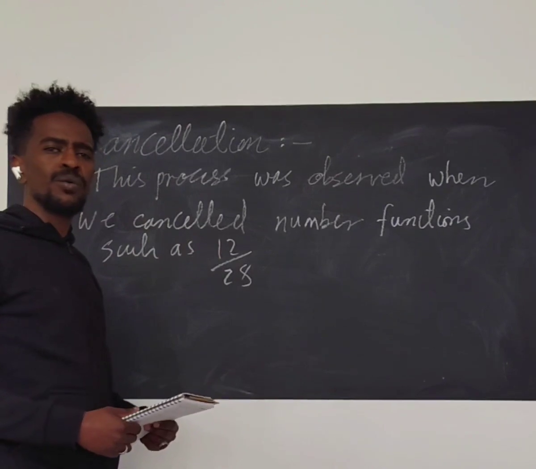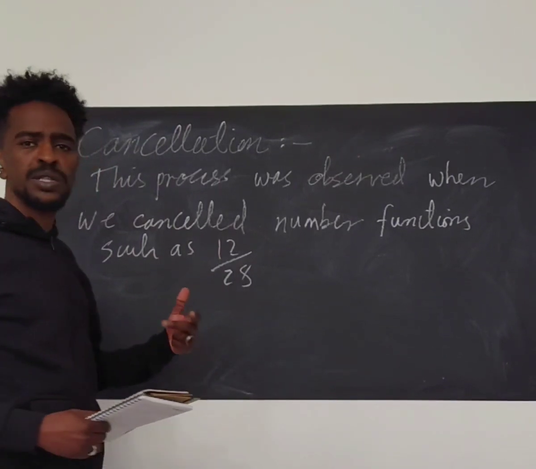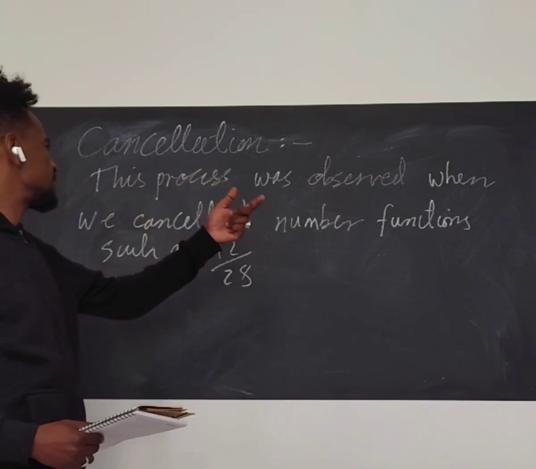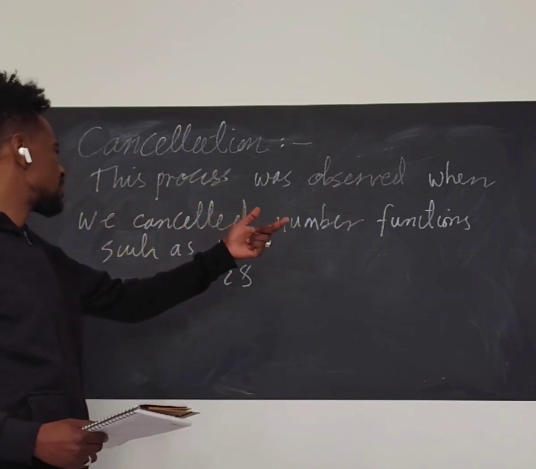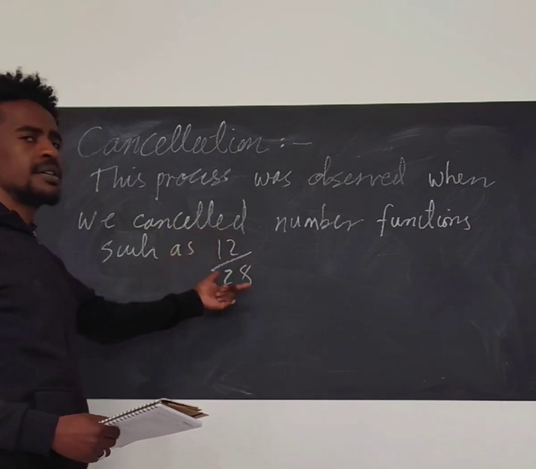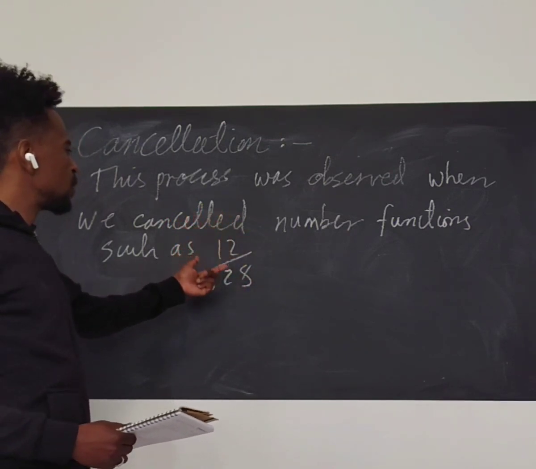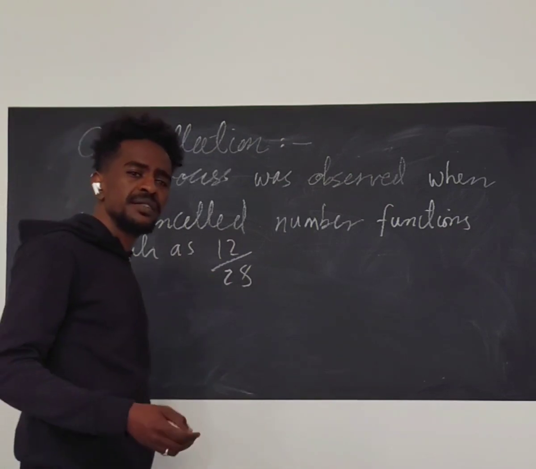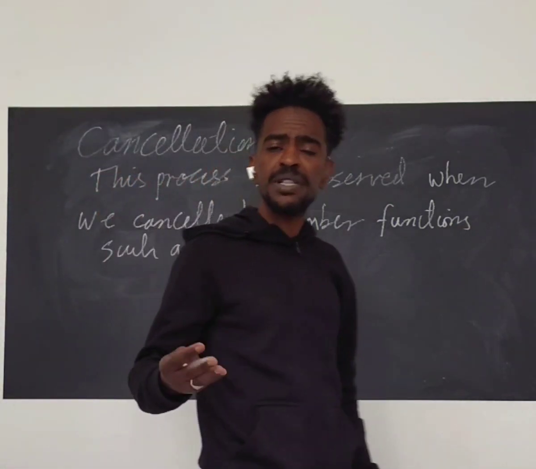So now we're going to talk also about what is called cancellation. This process is observed when we cancel numerical fractions such as 12 over 28. Sometimes we have complicated fractions and we need to simplify them.